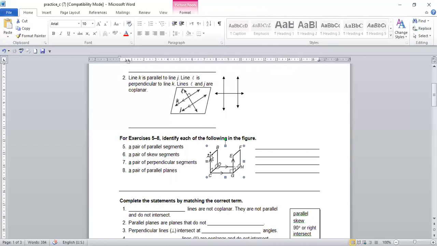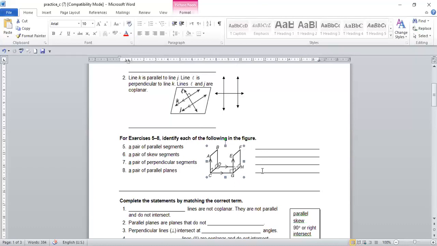So how do you name a plane? You can choose any three letters. This plane has letters A, B, C, D, so you can choose any three letters to name it as a plane. Let me take ABD. This is going to be plane ABD, and from the other one you can take again three. Let me name this plane as EFH.